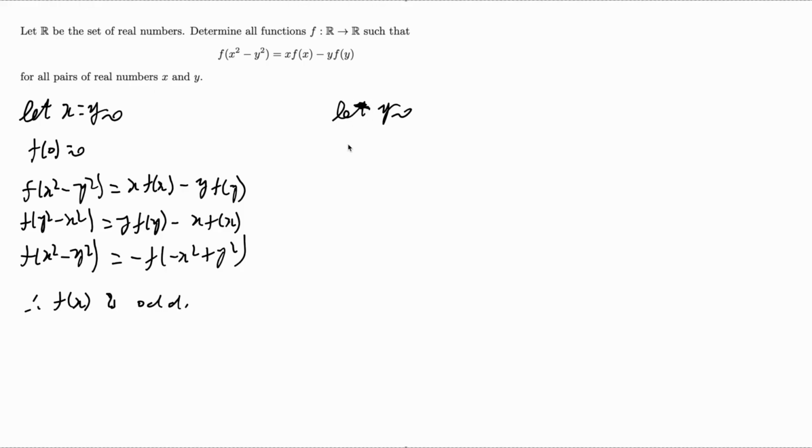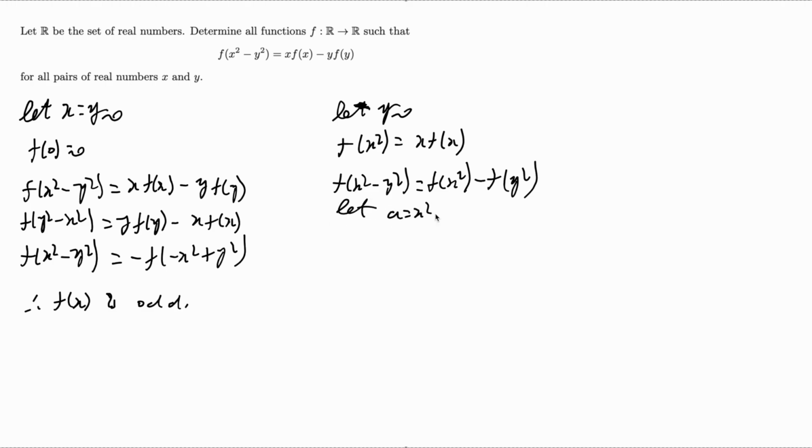That way we have f of x squared equals x f of x, and doing those things again, we have f of x squared minus f of y squared. So let a equals x squared and b equals negative y squared. That way we have f of a plus b equals f of a.